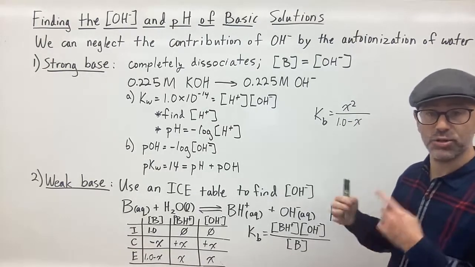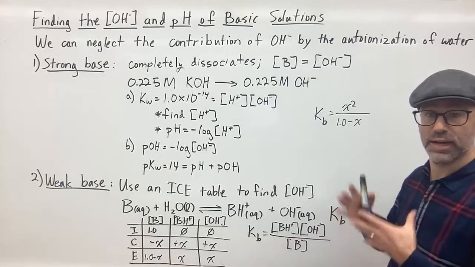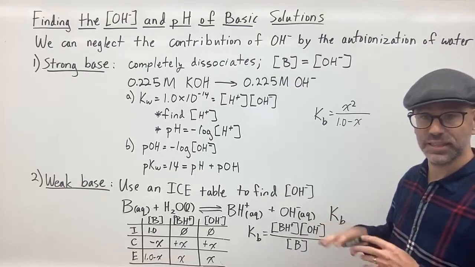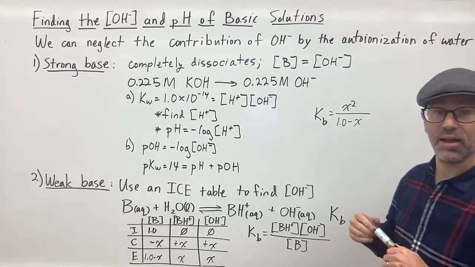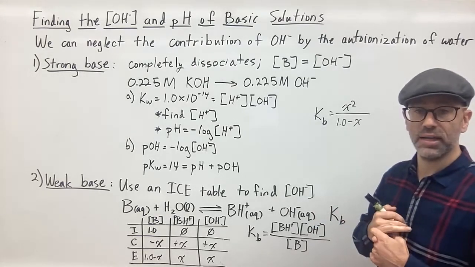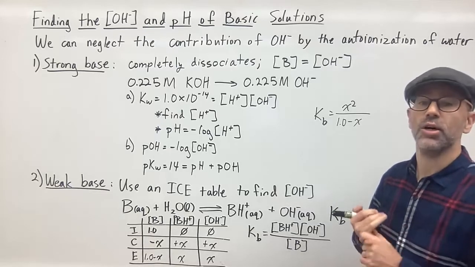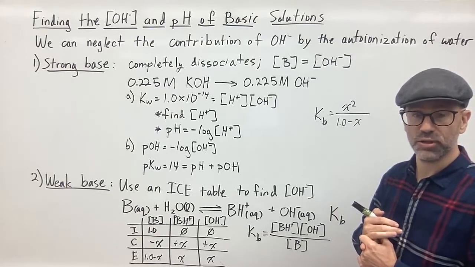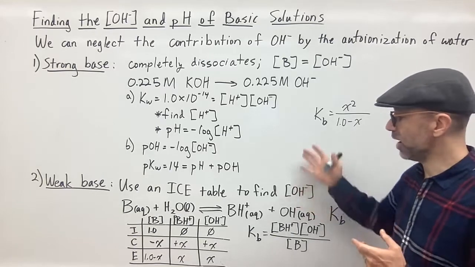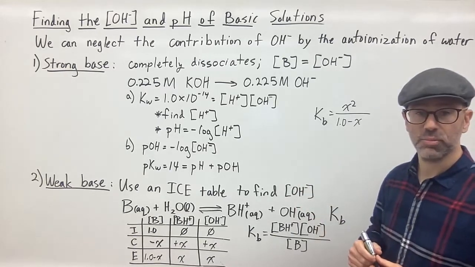So I do the 5% rule. I make sure that it's less than 5%. If it's not, then I'll have to either solve it by the quadratic formula or by the method of successive approximations. So that's how I would solve the weak base problem.